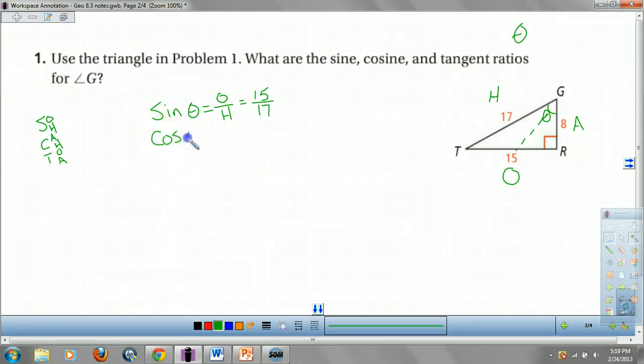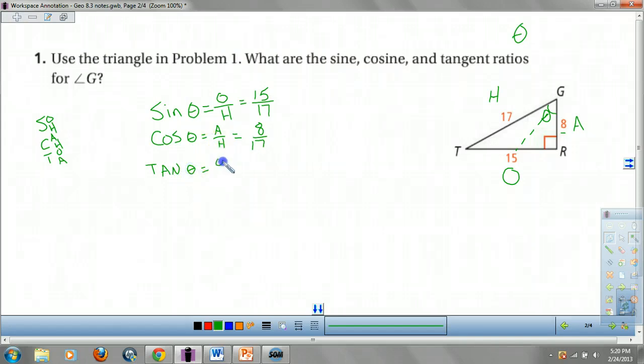My cosine of theta: cosine is adjacent over hypotenuse. My adjacent is 8, my hypotenuse is 17. And last we have tan of theta.